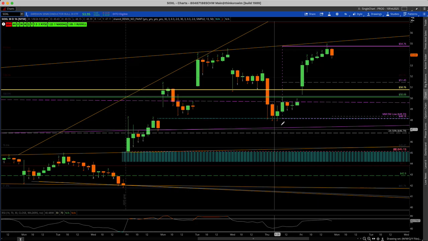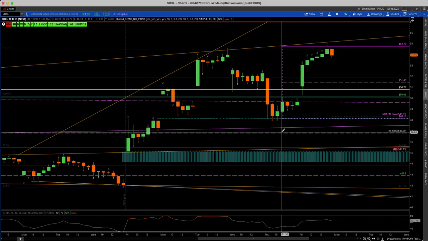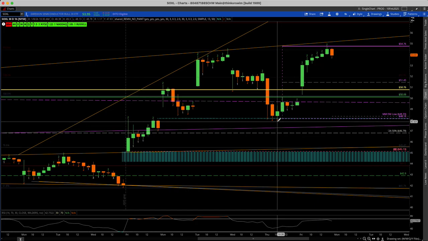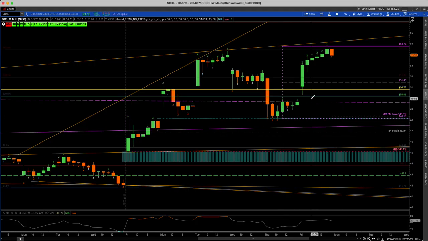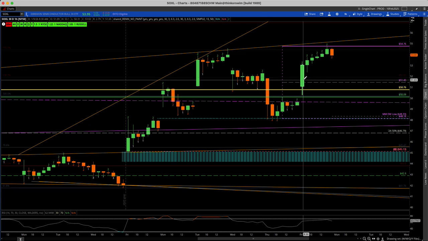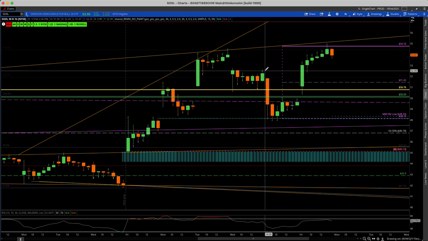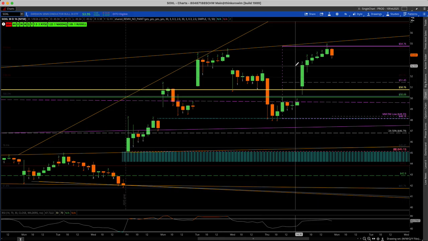So we anticipated a possible push to the downside today, but we were pleasantly surprised with the overnight price action, and ended up today going above this lower high that we had previously. What was this, on Wednesday? Yeah, Wednesday. And so we've at the very least neutralized this downtrend.